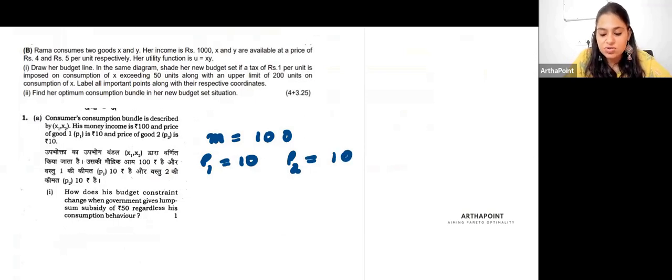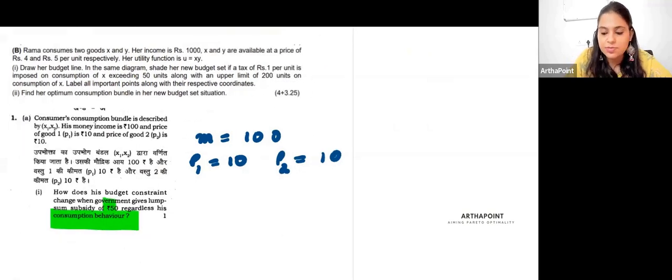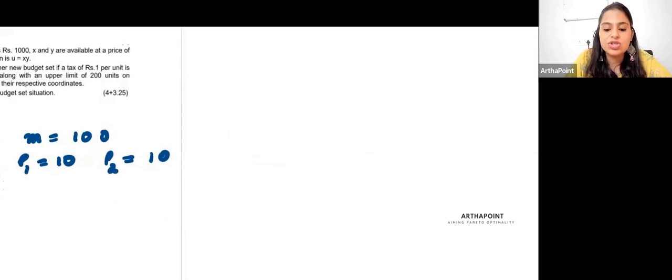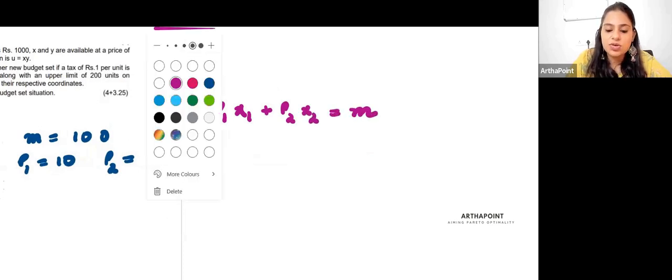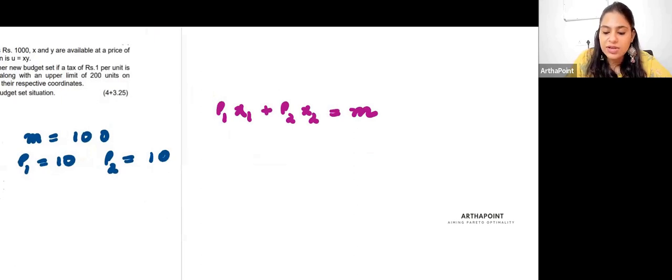How does his budget constraint change when the government gives him a lump sum subsidy of 50 regardless of his consumption bundle? So what will be his initial budget line? It will be P1 X1 plus P2 X2 is equal to M. So if I solve this, I will get 10 X1 plus 10 X2 is equal to 100. This is my initial budget line.